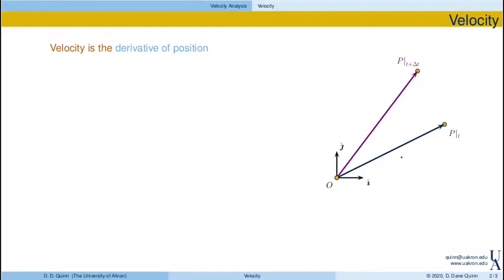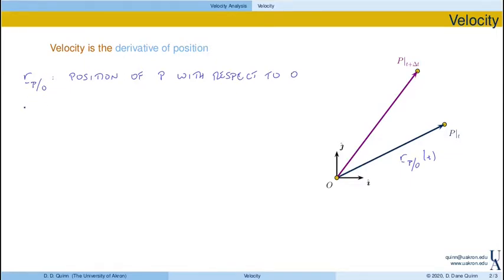Here we'll denote this position vector as r of p with respect to o, and this is at time t. So r of p with respect to o is the position of p with respect to o, where o is the origin.